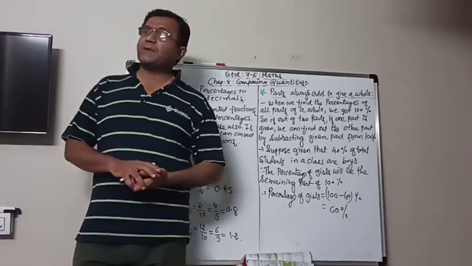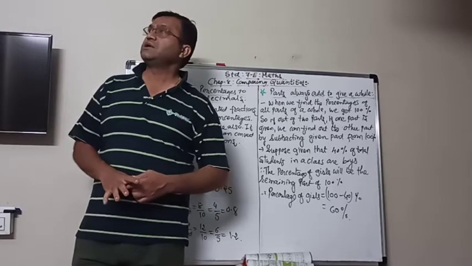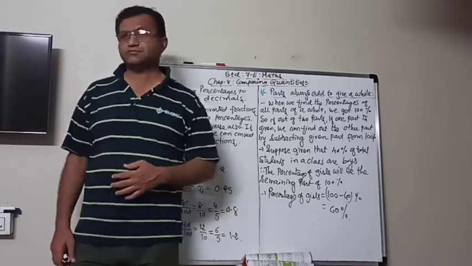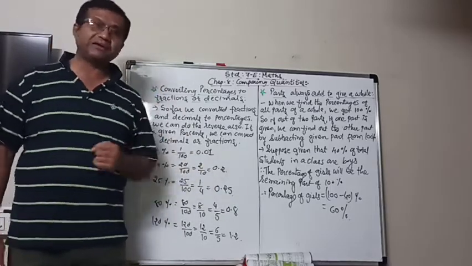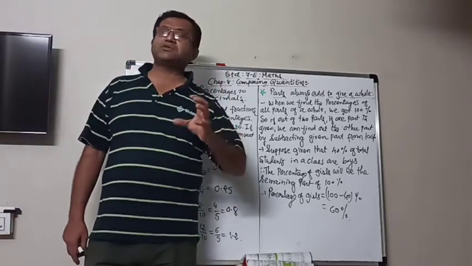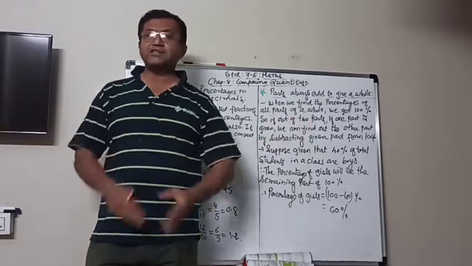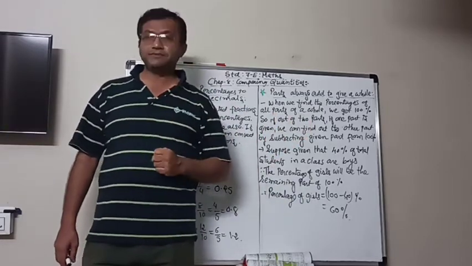Now, up to now, in the sums we did regarding percentages or fractions, in fractions we learned that when a whole is divided into parts, and when we add all the parts, we get the answer 1.